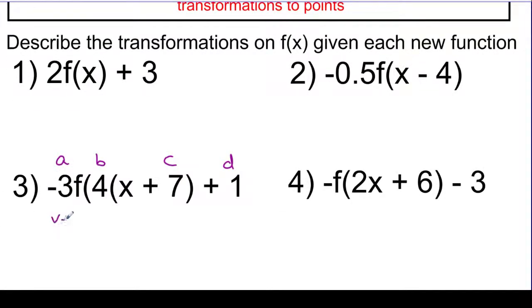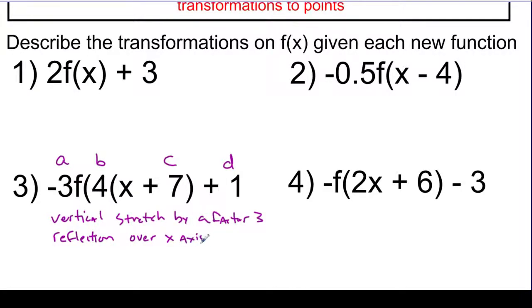So this does a vertical stretch, and we describe it by a factor of 3. That's telling people how much we're going to stretch it. We're going to multiply by 3. It's also going to do a reflection over the x-axis, and that's because the 3 is negative. So we have two different transformations happening just because of negative 3.